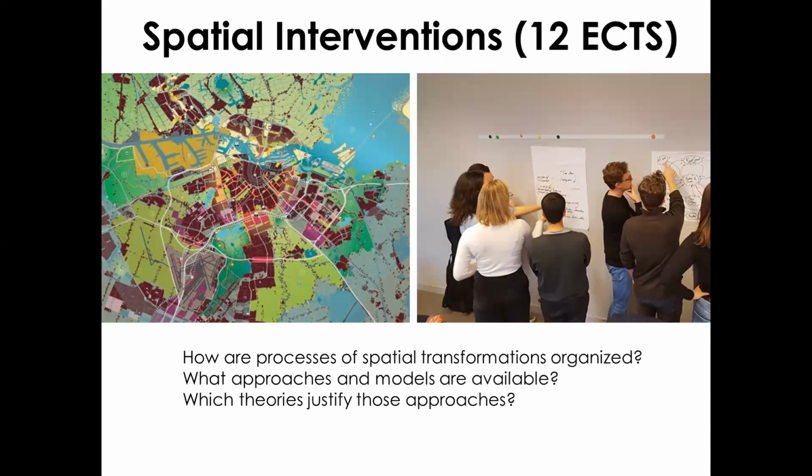The first course of the minor is the course Spatial Intervention. I'm one of the 2 teachers giving this course. In this course, we will learn to understand and organize collective action that is oriented to intervene in space. In these 2 pictures, you see 2 sides of the same coin of spatial interventions.